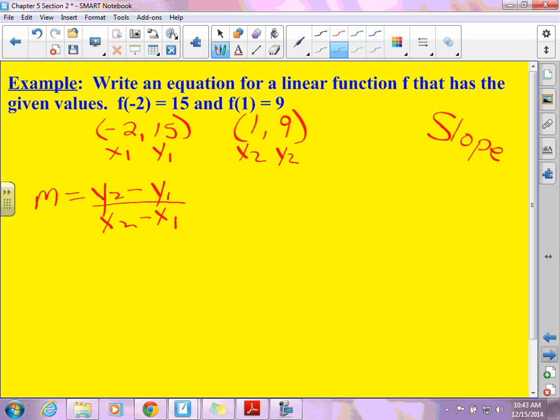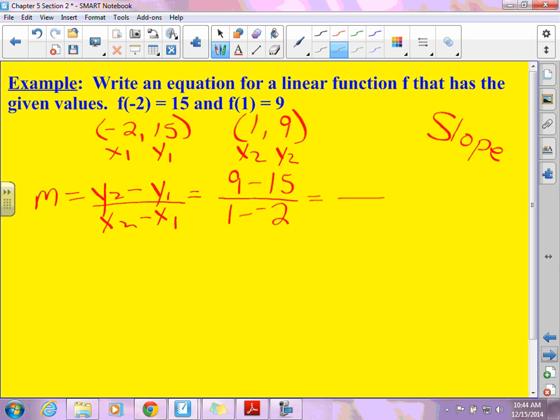Excellent. My numerator then is -6 over what? 3. Very good. So I get -2.